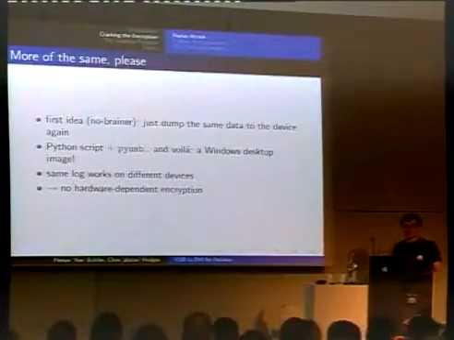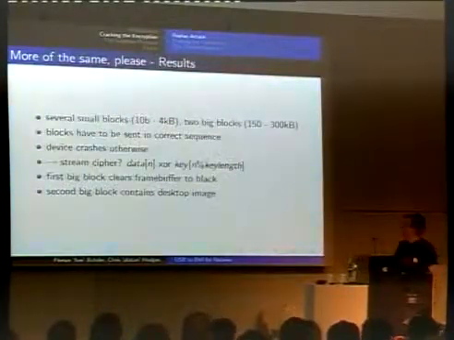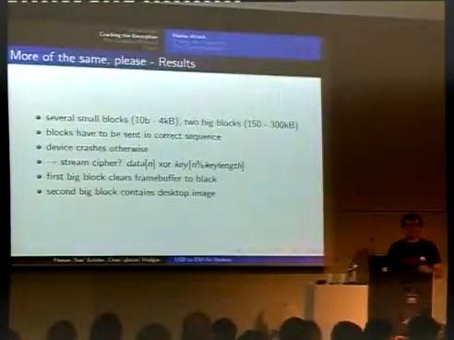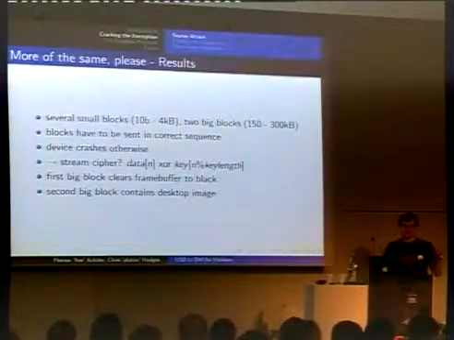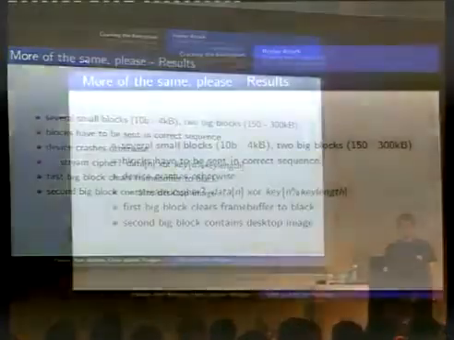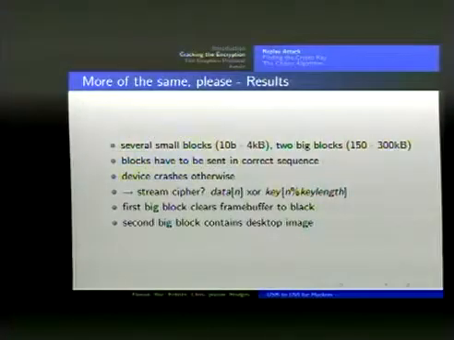When you look at the data which is sent to the device, then you have some small blocks of maybe at most 4 kilobytes, and we have 2 very big blocks. And these blocks have to be sent in the correct sequence, otherwise the device starts flashing wildly and crashes. And this, again, allows the conclusion that maybe a stream cipher is used here.